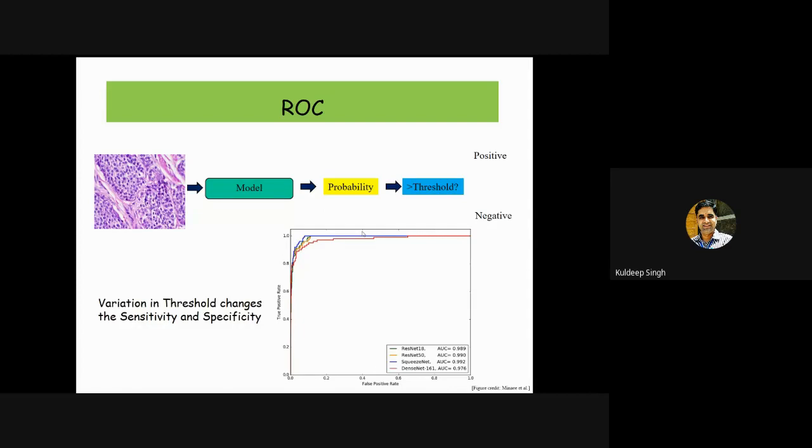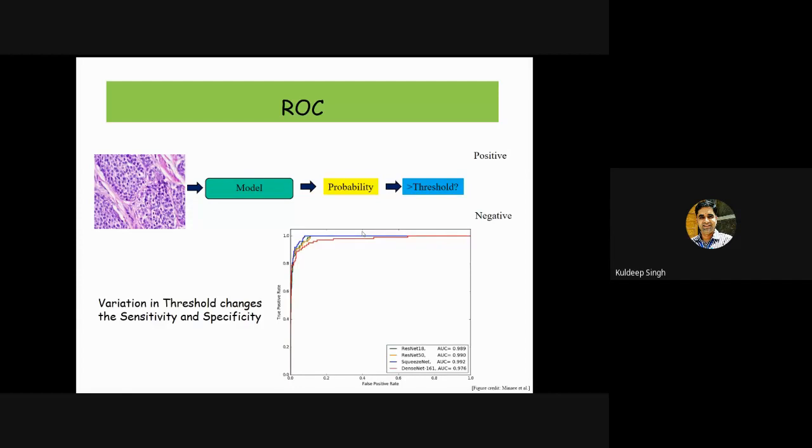So with the variation of this threshold, your value of sensitivity and specificity will change. So we can draw a graph between true positive rate and false negative rate for different threshold values.